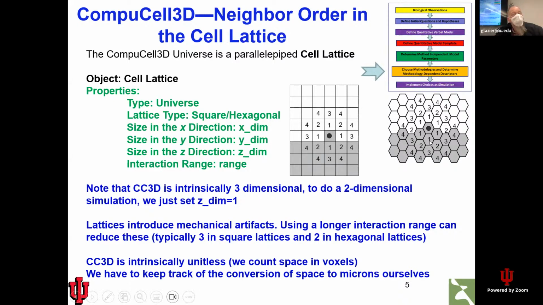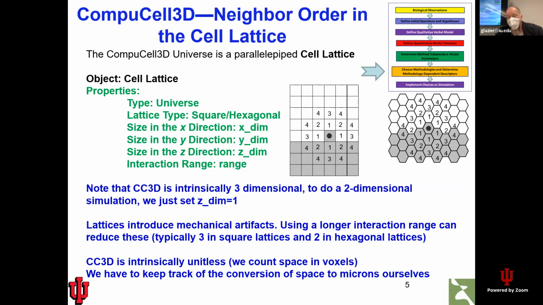A hexagonal lattice looks like this. A voxel has 6 nearest neighbors, and then 6 second neighbors. And as you go out, you see that it has a different structure.